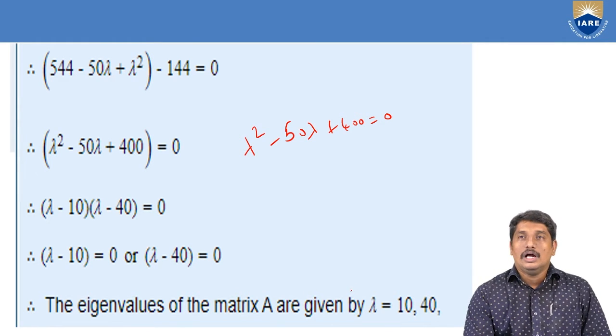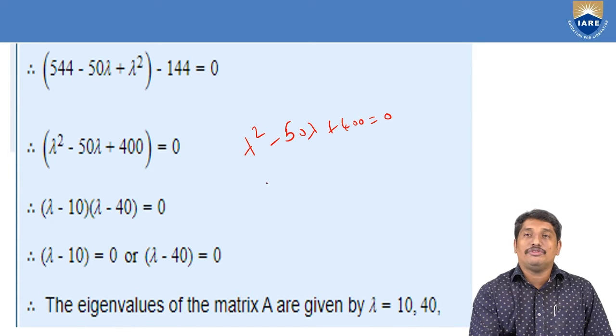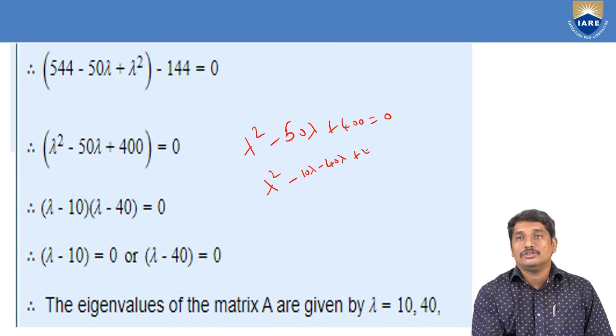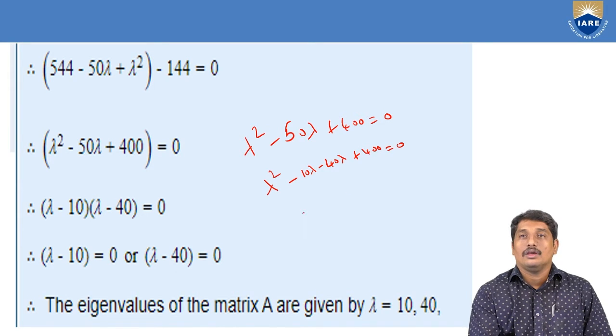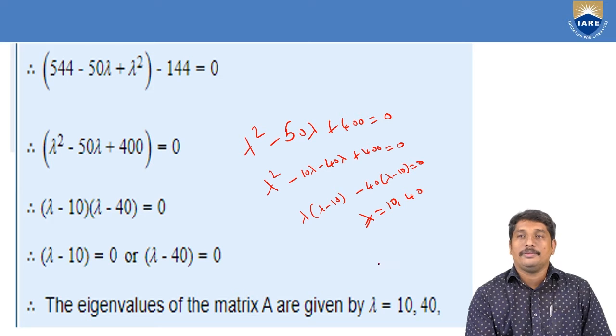Now let us factorize this. 400 we can decompose with minus 10 lambda and minus 40 lambda. So we get lambda(lambda minus 10) minus 40(lambda minus 10) is equal to 0. That is why the eigenvalues are lambda is equal to 10, 40.